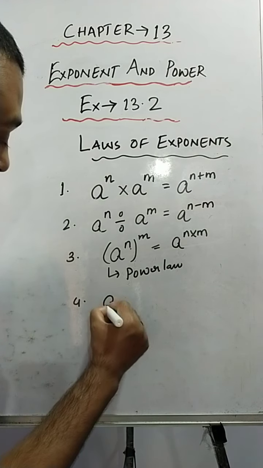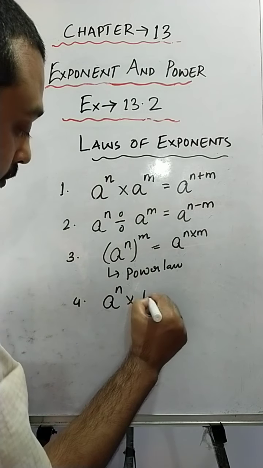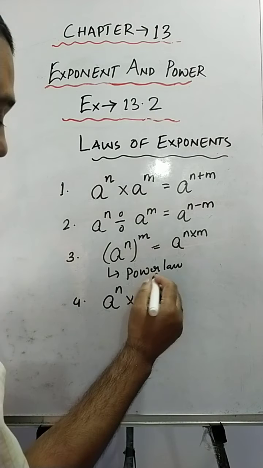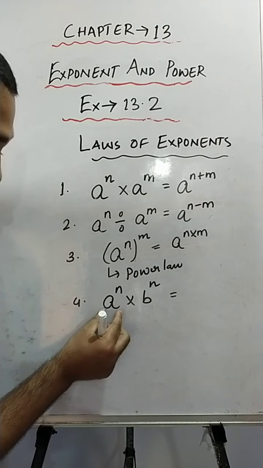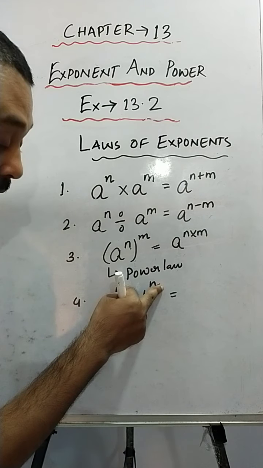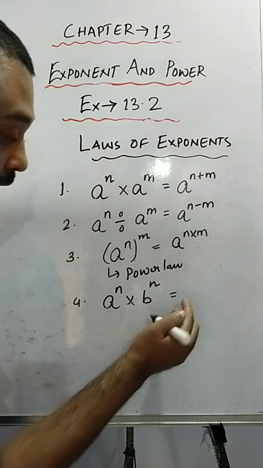The fourth law is, suppose it is like this. What you can observe is that this time the two exponential forms are carrying different bases but the same power, n. So how to write this?